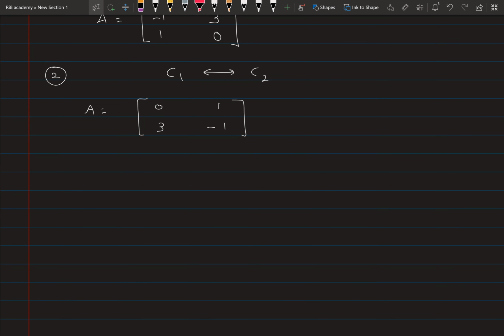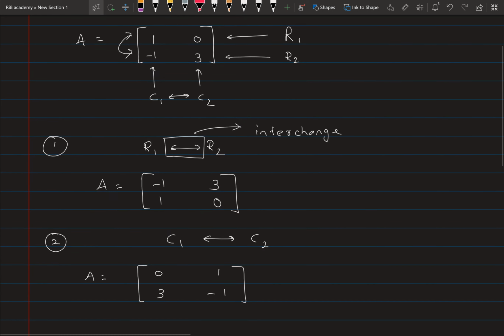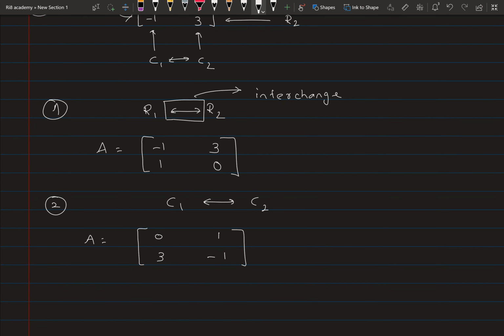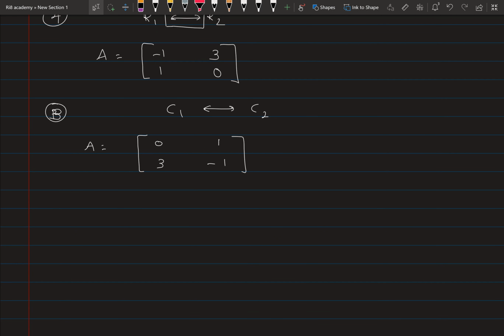Now, something important. Suppose we have a matrix. This one is A, this is B. Now suppose I go for another matrix.